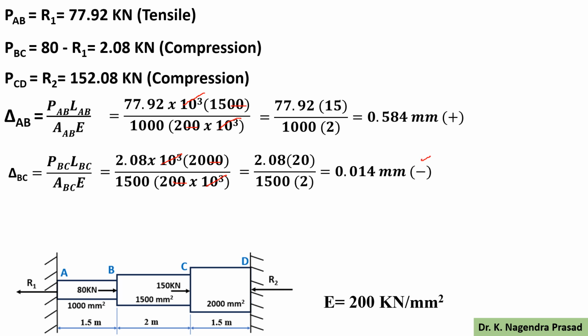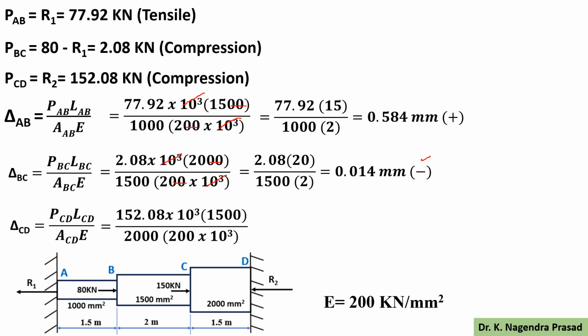Next we determine the displacement of portion CD, that is delta CD equal to PCD LCD divided by ACD into E. Substituting all the values, we get 152.08 into 10 cube into the length of CD, which is 1500, divided by the cross-sectional area of CD, which is 2000, into E value 200 into 10 cube.